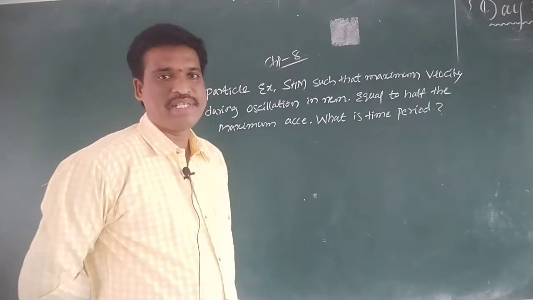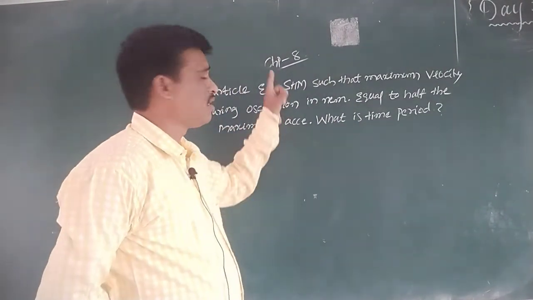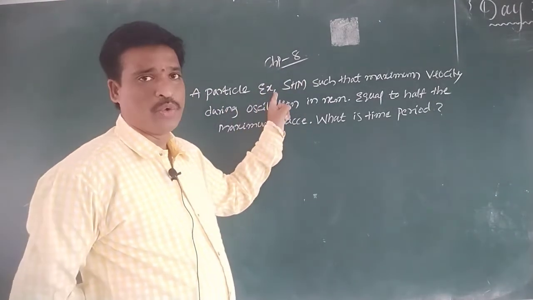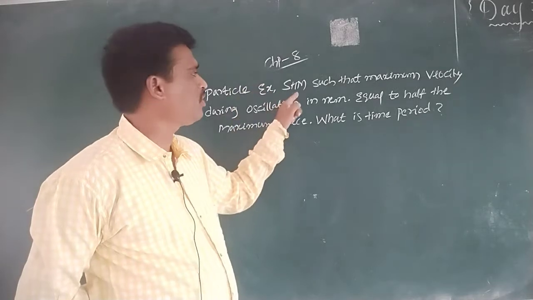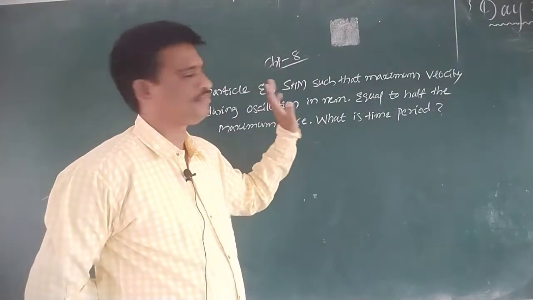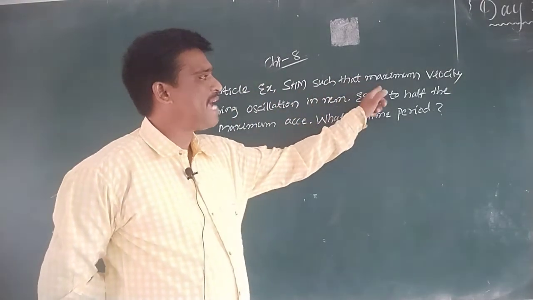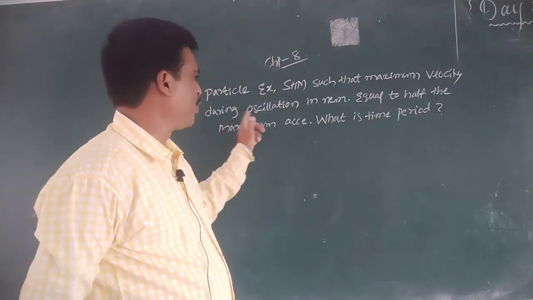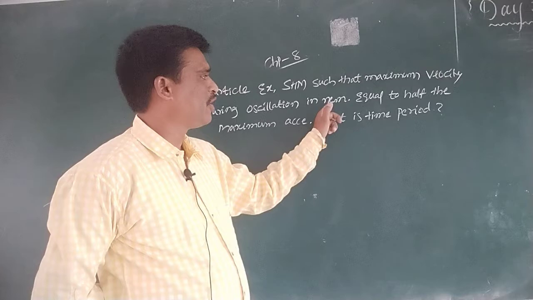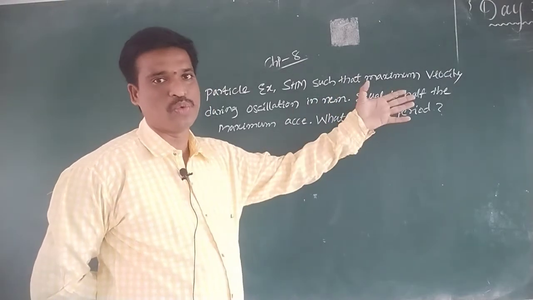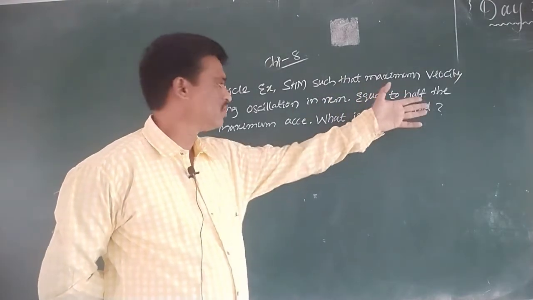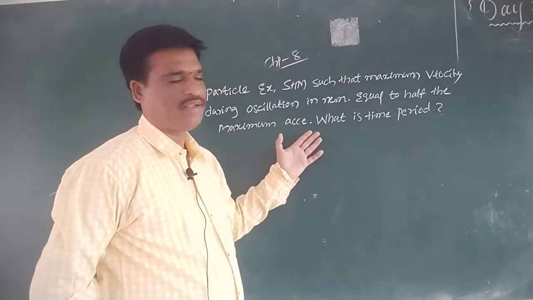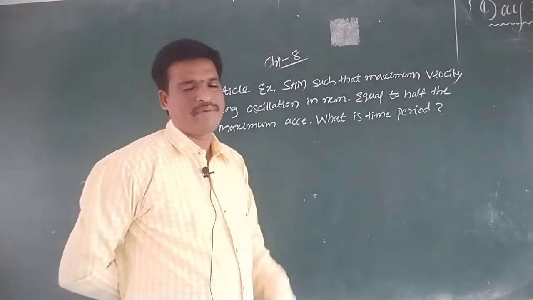Our next problem is chapter number 8. A particle executes simple harmonic motion such that its maximum velocity during oscillation is numerically equal to the maximum acceleration. What is the time period?